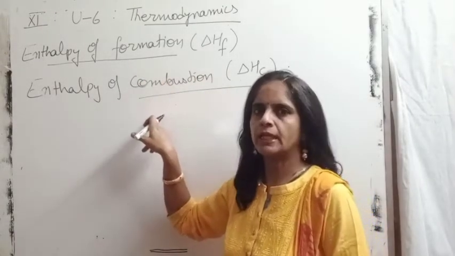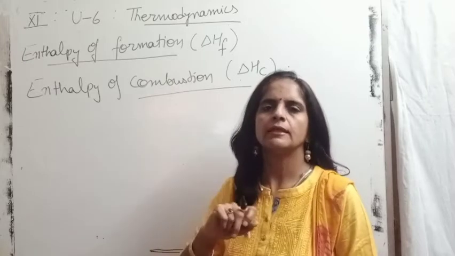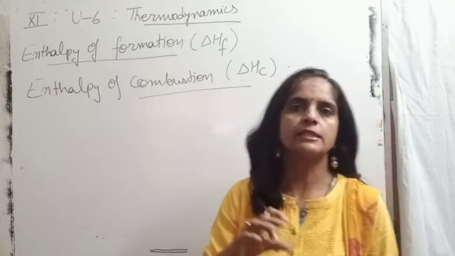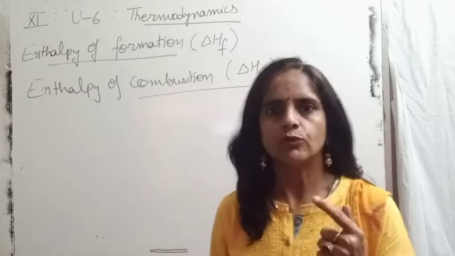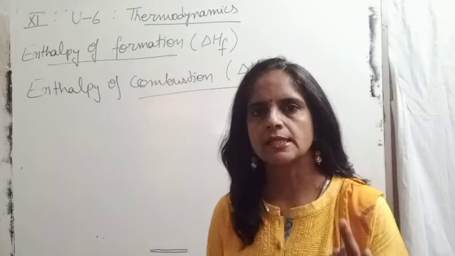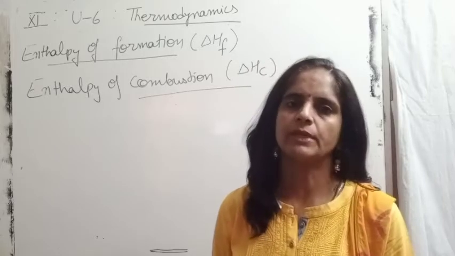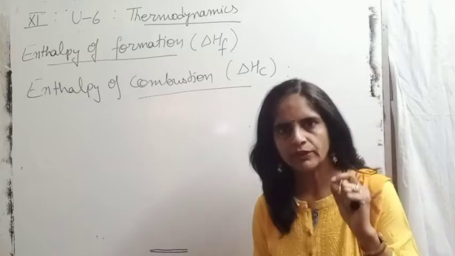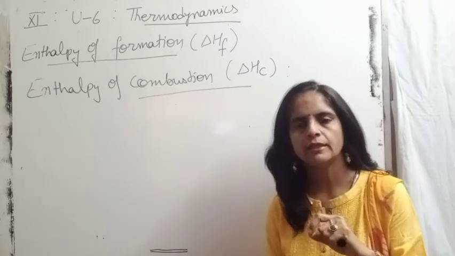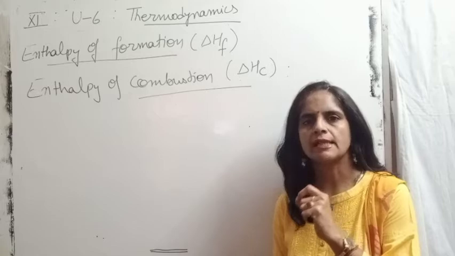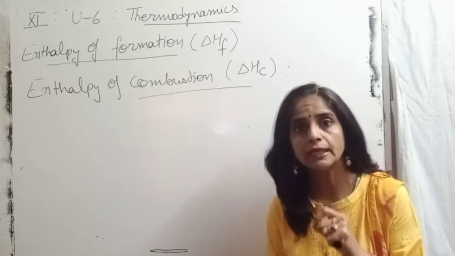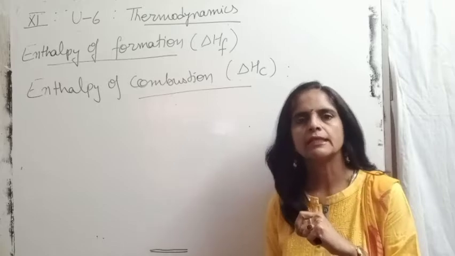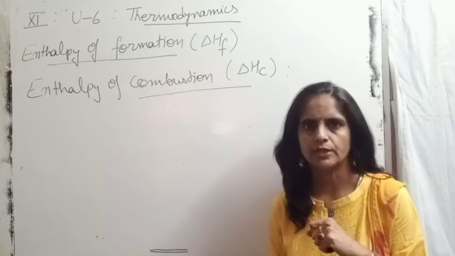Enthalpy of combustion is the amount of heat change when 1 mole of a substance is completely burnt in presence of oxygen. Understood? That is termed as enthalpy of combustion.